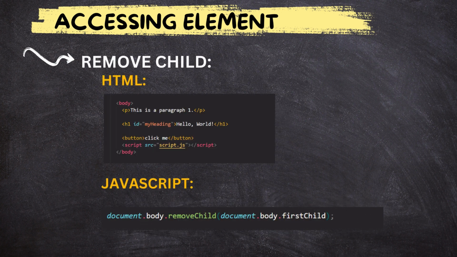Then we have the node.removeChild method. This method removes a child node from the list of children of the specified node. For example, if we want to remove the first paragraph element from the body element, we can use document.body.removeChild, and in this function call we can write document.body.firstChild.